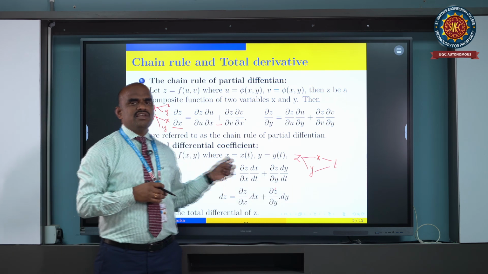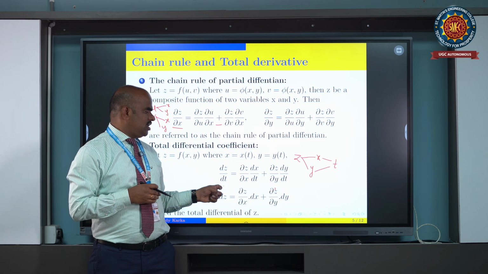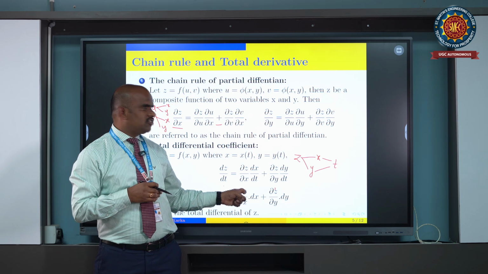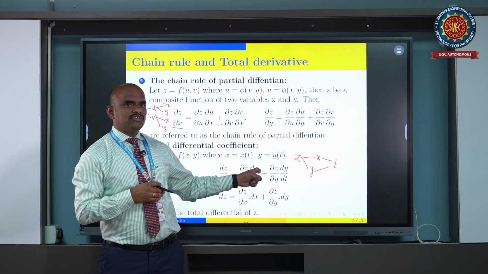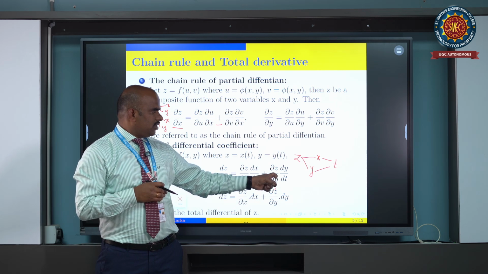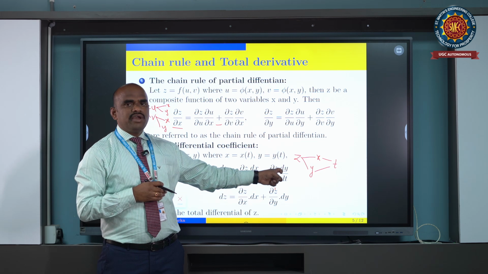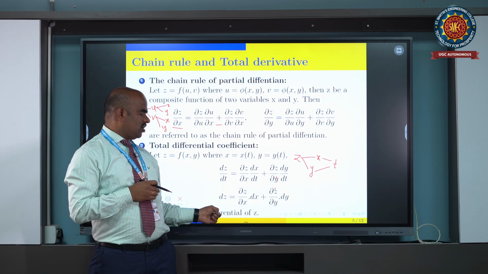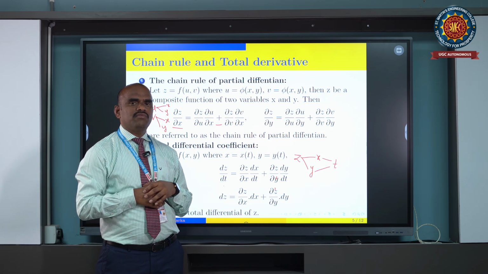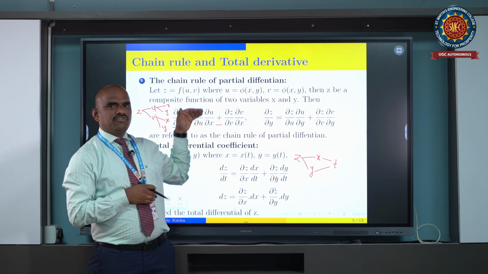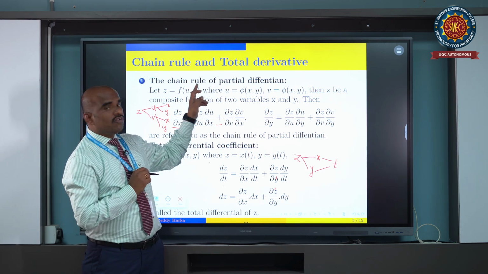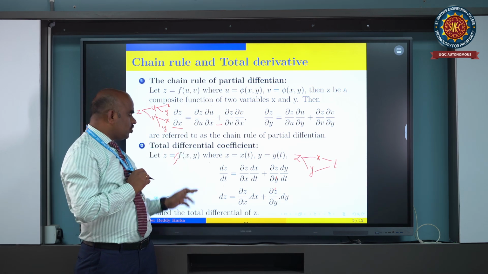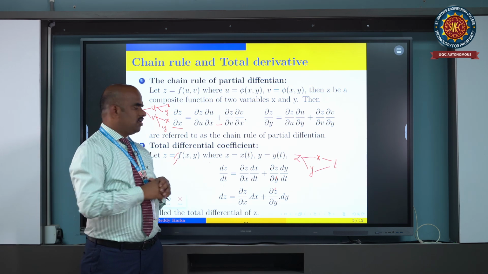We can write dz as dou z by dou x into dx by dt and dou z by dou y into dy by dt. Here dz is called the total differential coefficient of z. So this is the explanation of the chain rule of partial differentiation and the total differential coefficient of z.